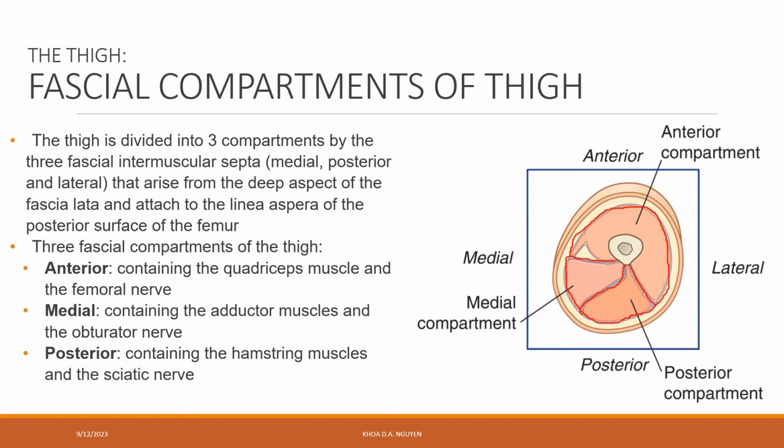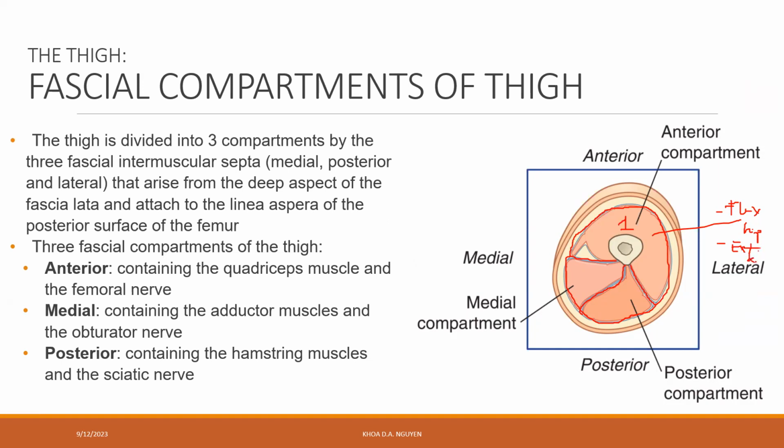And these fascial components divide the thigh into three compartments. This is compartment number one, the anterior compartment. The muscles of the anterior compartment do two things: some of them flex the hip joint, and some of them extend the knee joint.